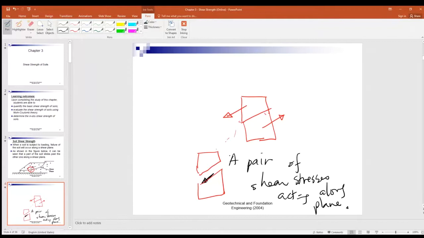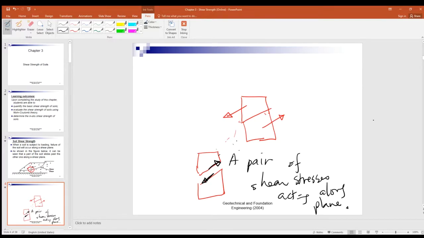So remember that, there should be a pair of shear stresses acting along the plane. So that is the typical mechanical behavior of the soil.